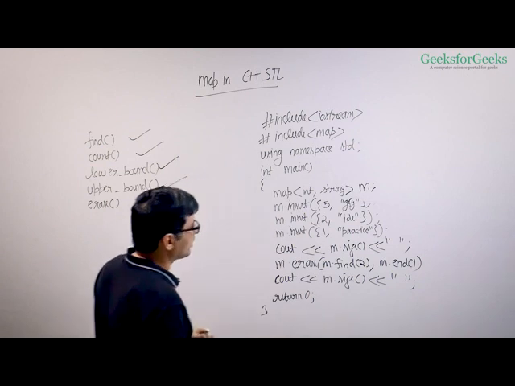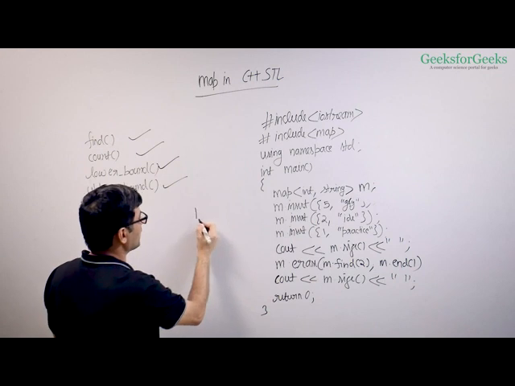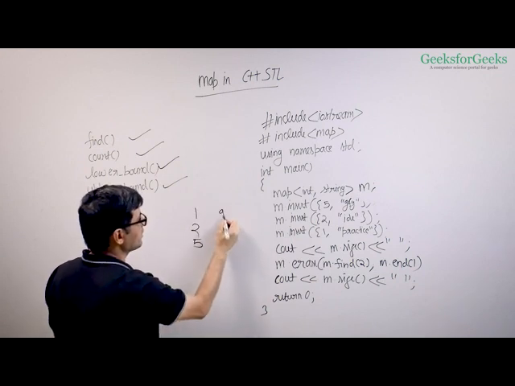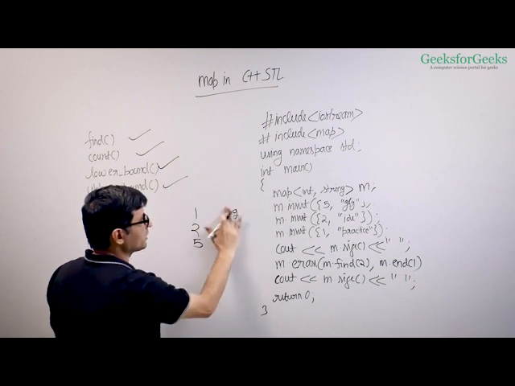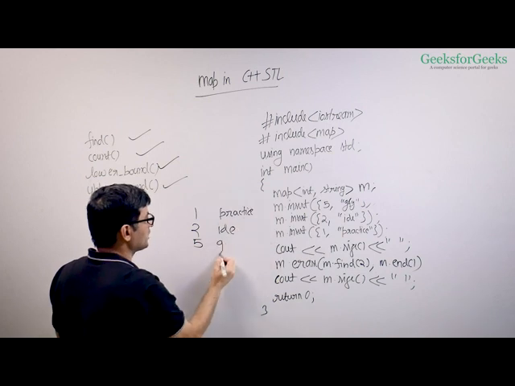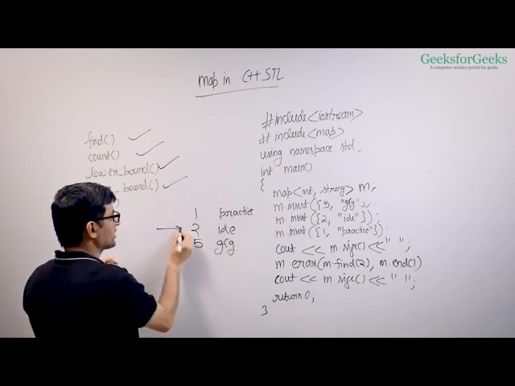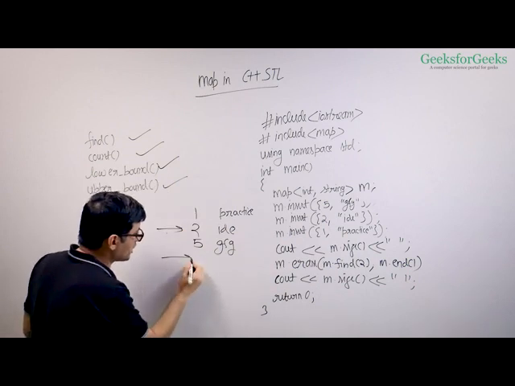So what will it remove? Your map contains 1, 2 and 5 in this order. 1 is practice, 2 is IDE and 5 is GFG. You're passing the iterator to 2 as the begin iterator and the end iterator, which points just after 5.